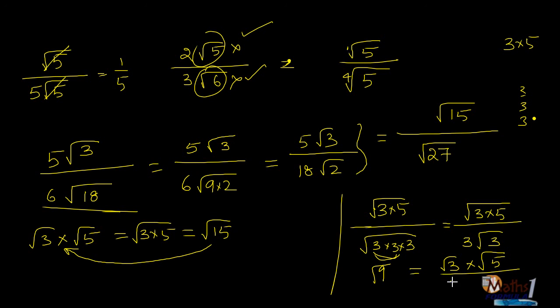The only thing is I am trying to simplify the given fraction with surds. So that will be 3 root 3. Root 3 gets cancelled. So I will be left with root 5 divided by 3. So these are all the different options you have when you simplify surds with the different operations.